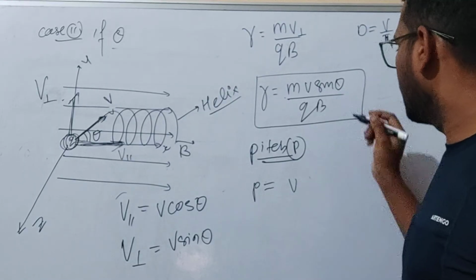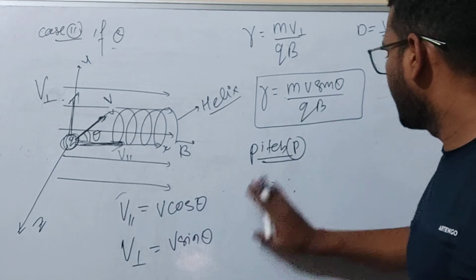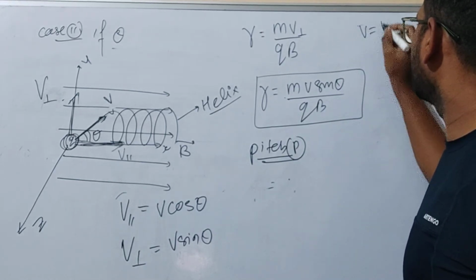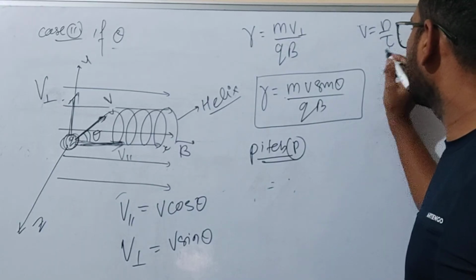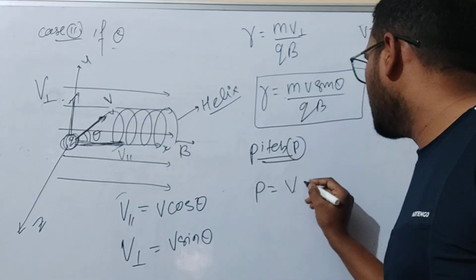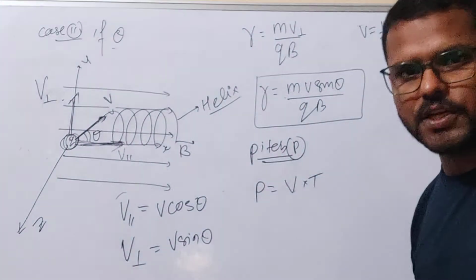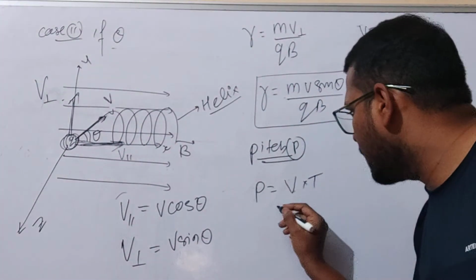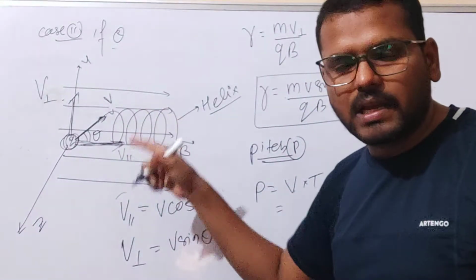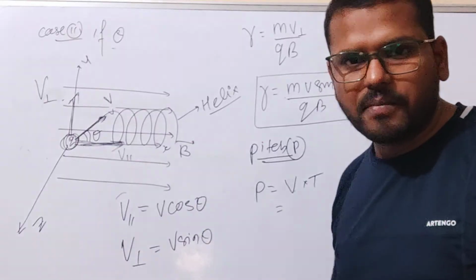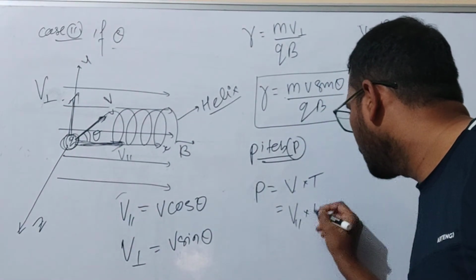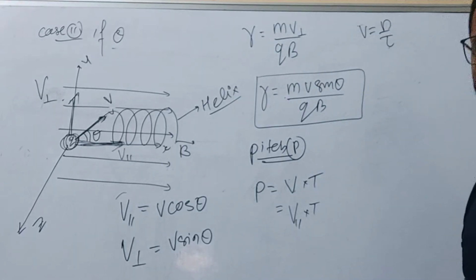So the pitch will be speed into time. Here the path along the field is covered by which component? By the parallel component. So p is equal to v parallel into t.